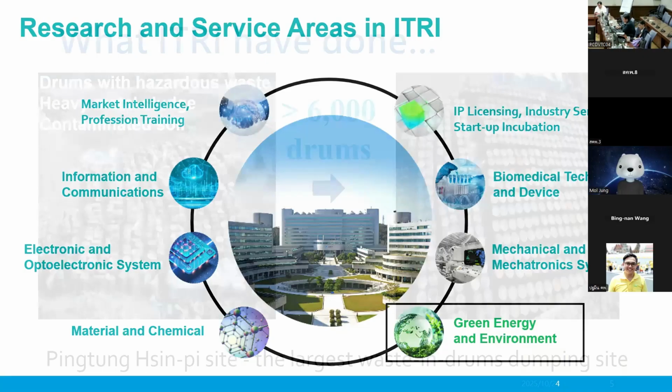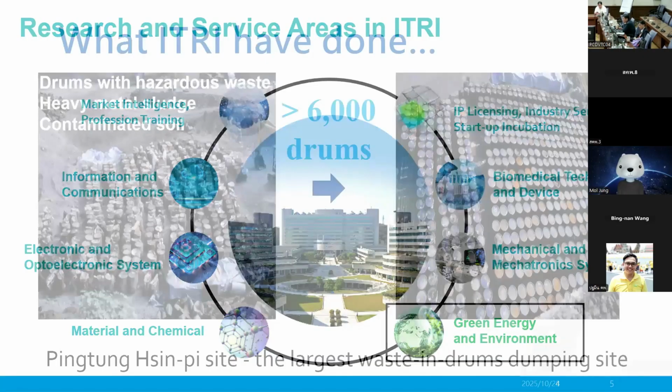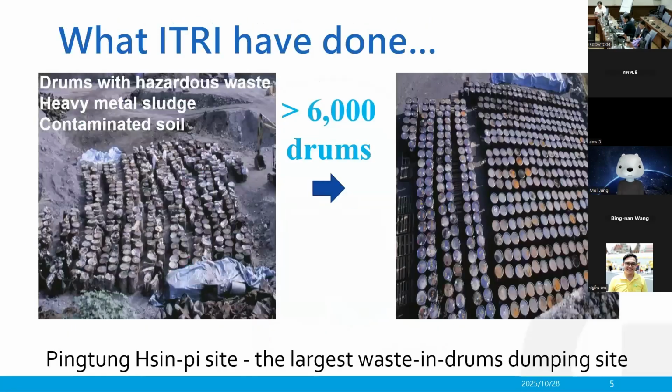For the last 30 years, we have cooperated with the Taiwan government to clean up sites like this one, the Pingtung Xinpi site, which was the largest drum dumping site, involving more than 6,000 drums of hazardous waste, heavy metal sludge, and contaminated soil.